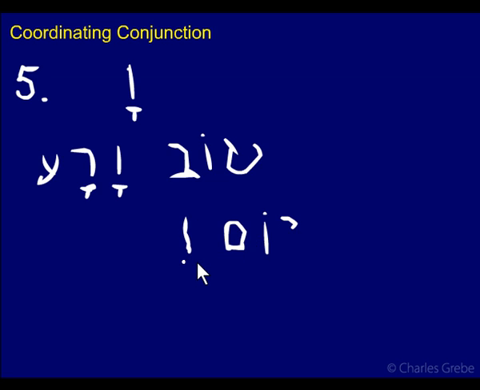Or you have something like yom, and then you'll have va. Laila. Laila means night. Yom is day. So again, both conditions are met.